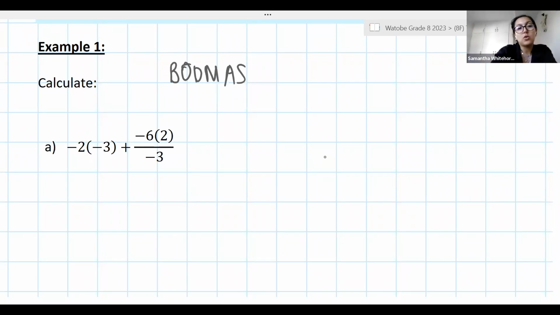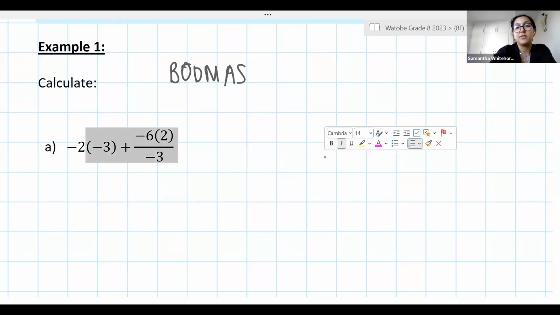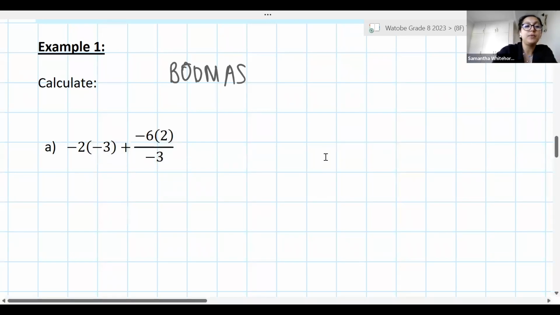According to BODMAS, yes, we start with brackets, but remember that only applies if there's multiple terms inside a bracket. Say, for example, if this bracket said -3 plus 2, then we would simplify that first. But because these two brackets have only one number inside of them, we don't need to stress about what's inside the bracket. So we can move on to our multiplication and/or division.